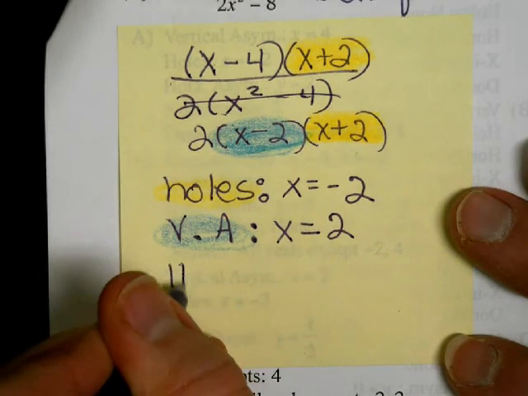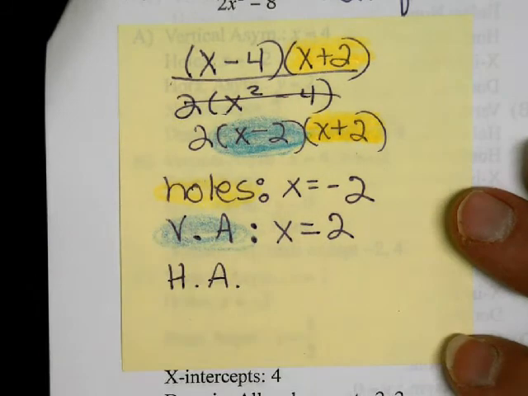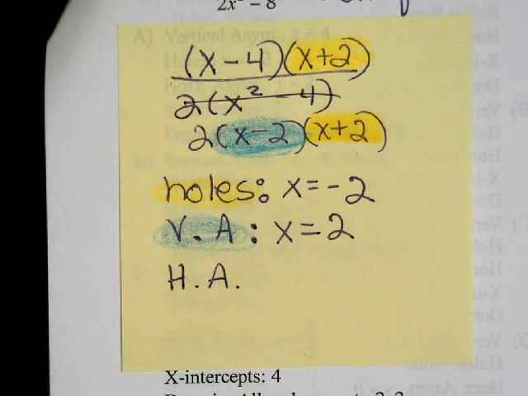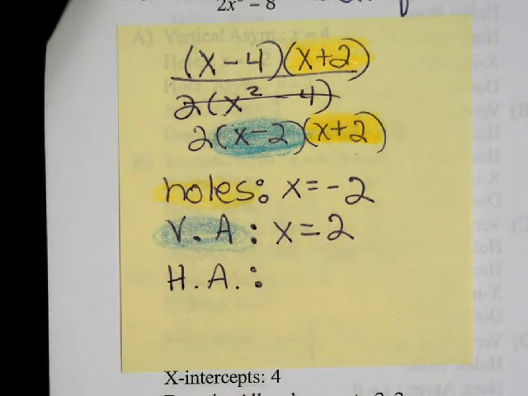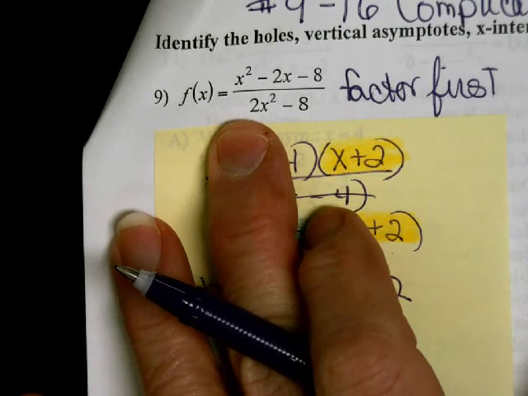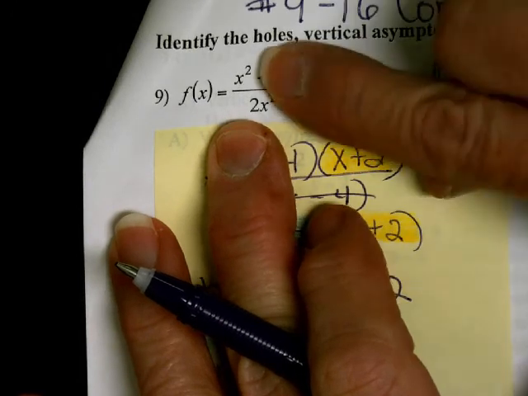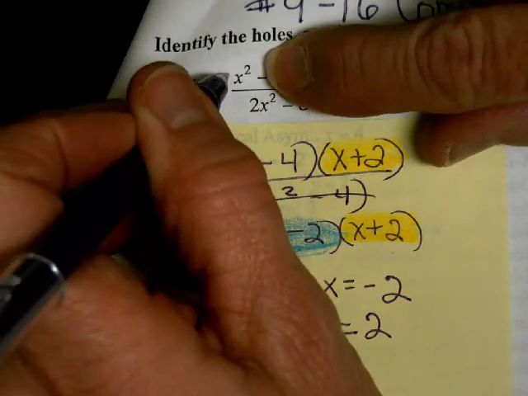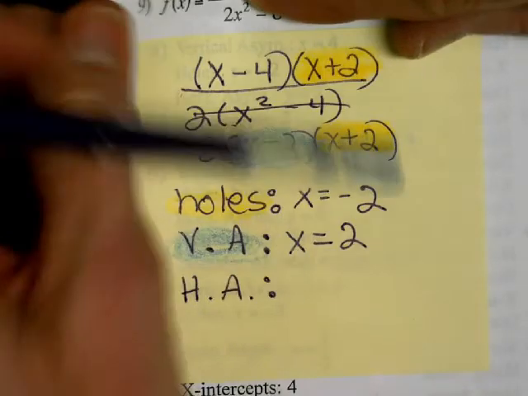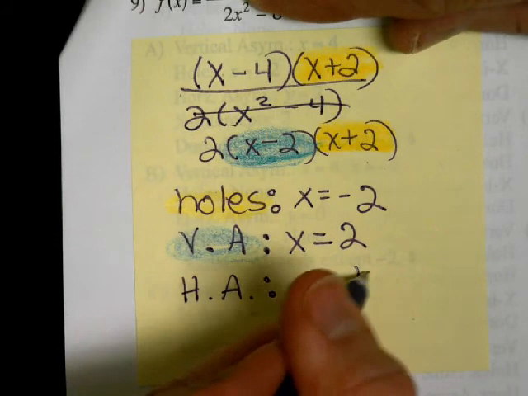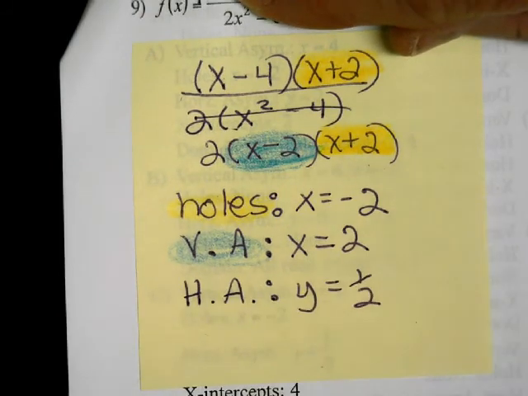Then they have us do the horizontal asymptote. This is the one that is, for me, the most confusing, because it can be three things. It can be a value, it can be 0, or it can be none, depending on the powers in the original equation. Because these powers are the same, I can take these leading coefficients as a ratio and answer this question: y equals 1/2.